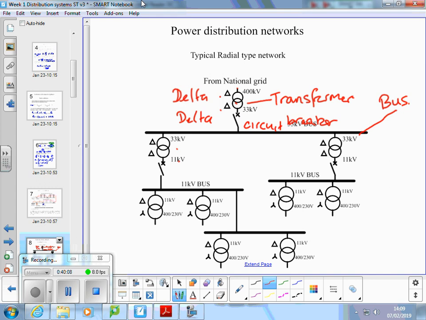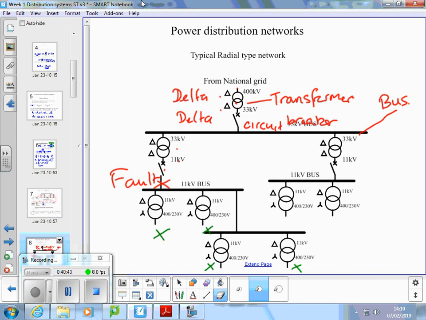If we look at this radial circuit, if we get a fault there, such that that circuit breaker trips, all these consumers lose supply. That's something to think about, that style of network. Yeah, and they get more complicated than that. Oh no, sorry, they won't. My fault. That's still supplied through that way.